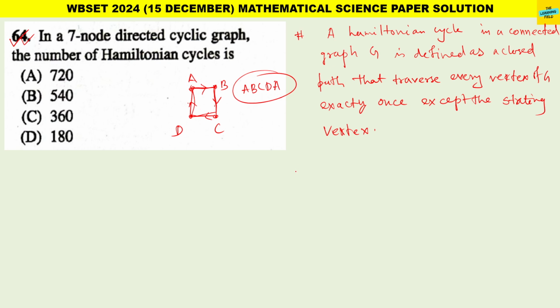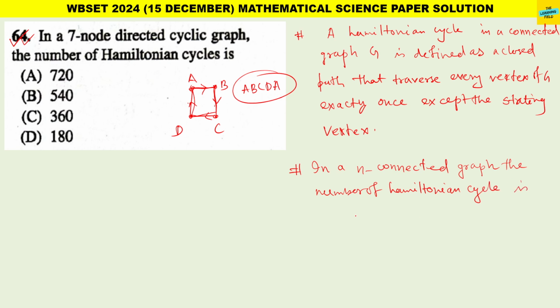Now another formula or concept: in a connected graph with n vertices, the number of Hamiltonian cycles is (n minus 1) factorial by 2.